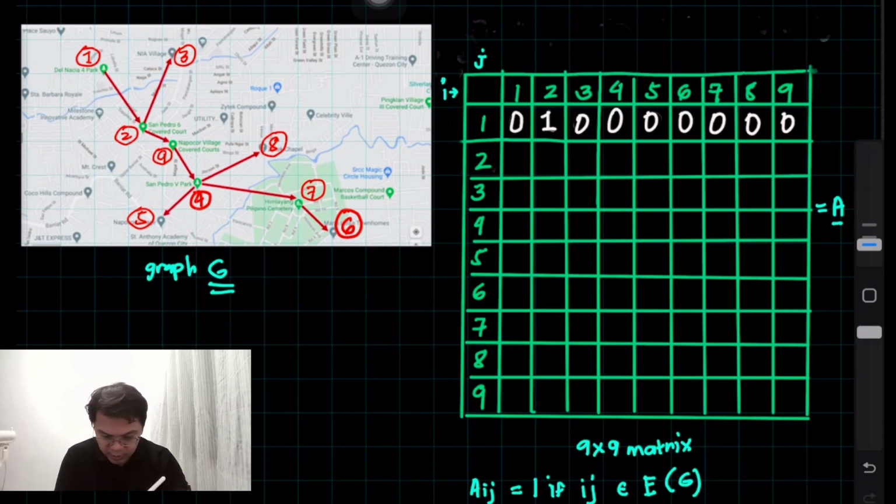So let's go check row number 2. 2 going to number 3, there is actually an edge, so let's indicate that as a 1. Oh no, sorry.